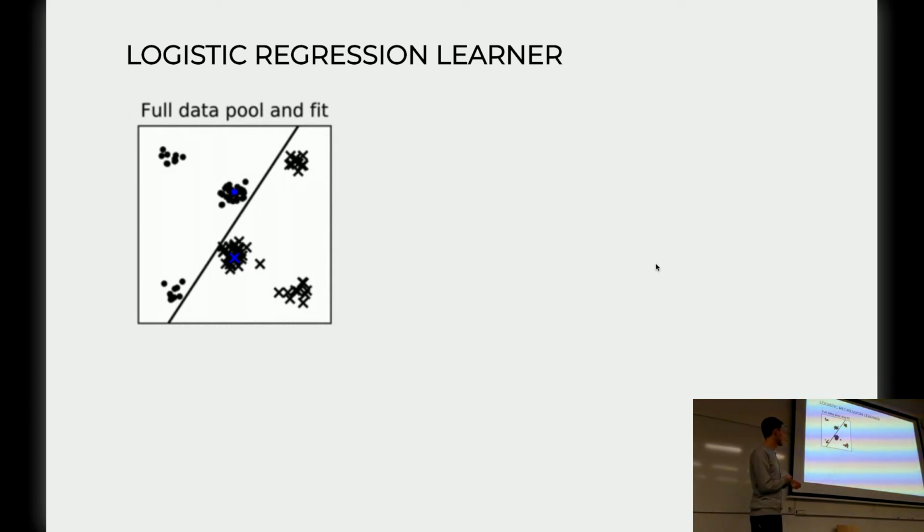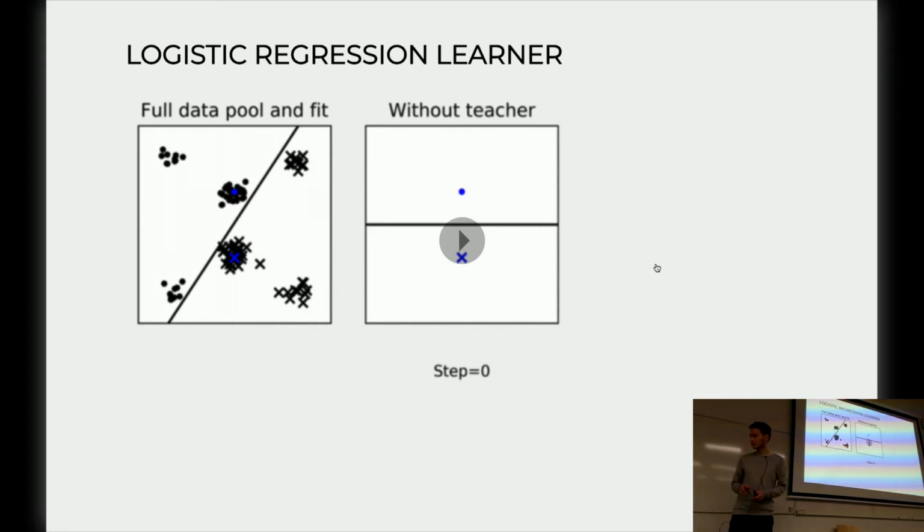And now we have the active learner. It will start with knowing 2 data points, one from the circles class and one from the crosses class. And this is now without a teacher, so it queries labels, and then it gets the label that we can see from the figure.